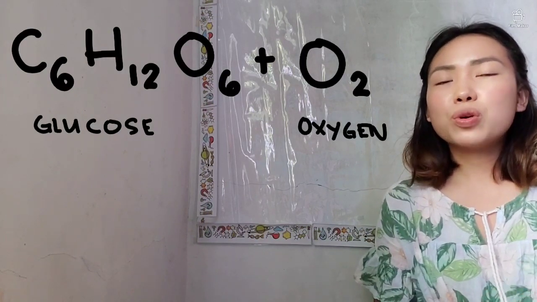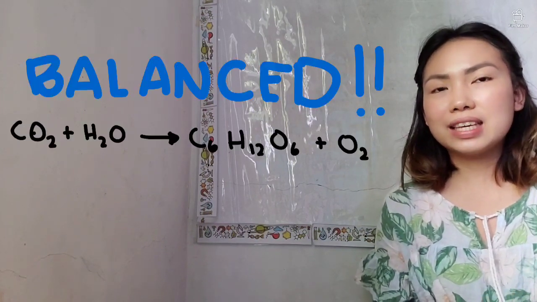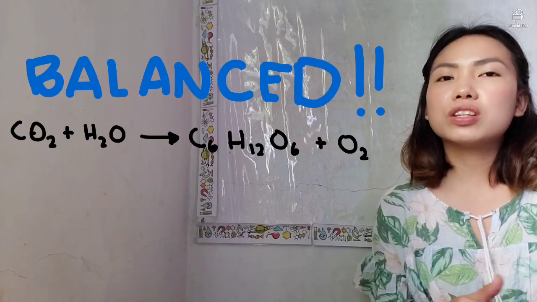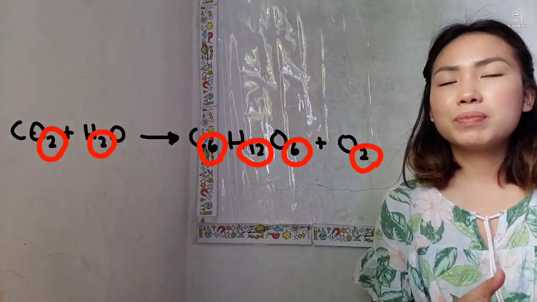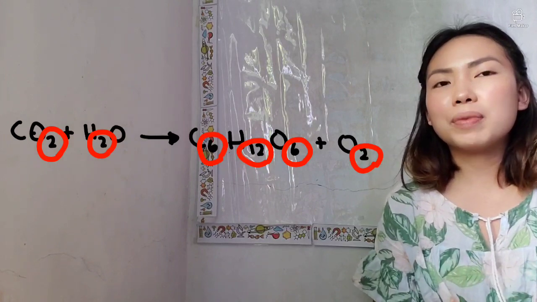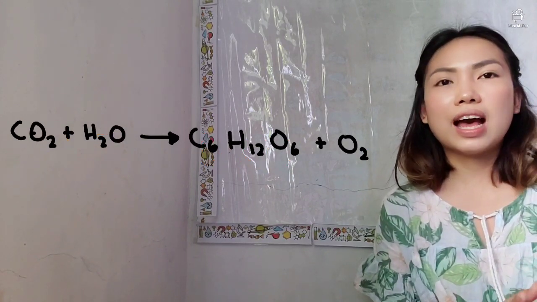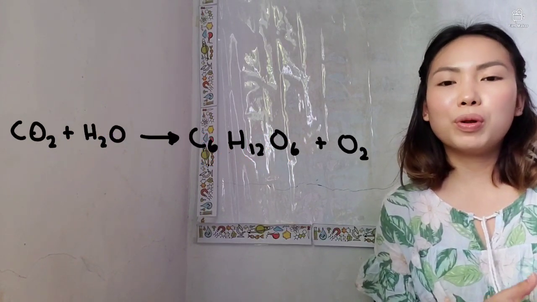Now, sa ating equation, kailangan balanse. Since makakakita tayo dyan ng number sa baba, mean to say, ganun kadami ang isang element. So, for example, on CO2. So, sa C, may nakikita tayong walang number. And then, oxygen, meron tayong 2 sa baba.